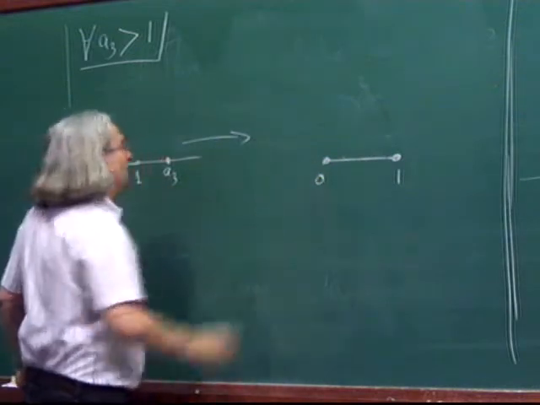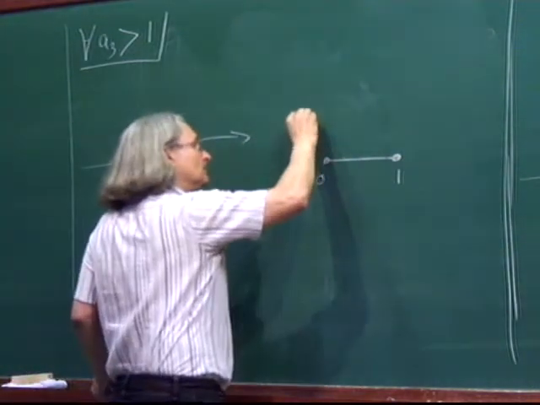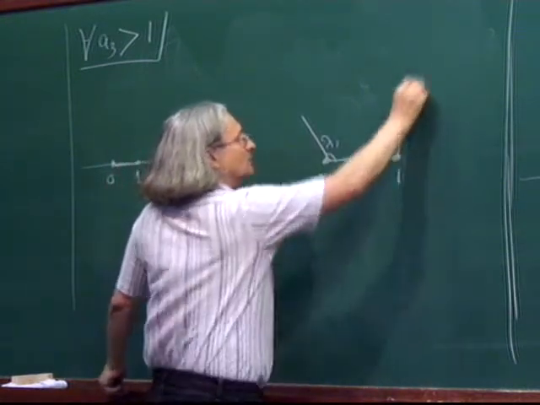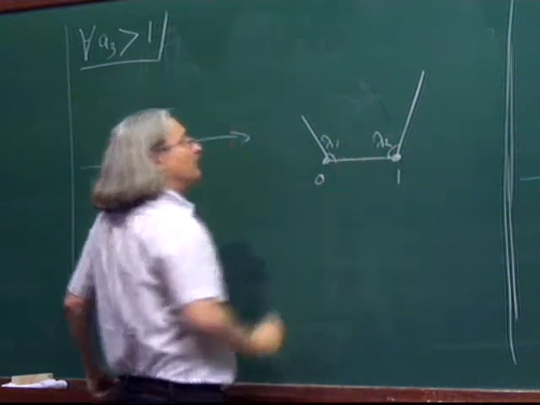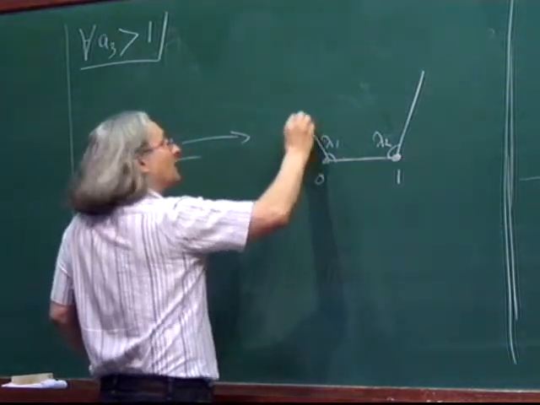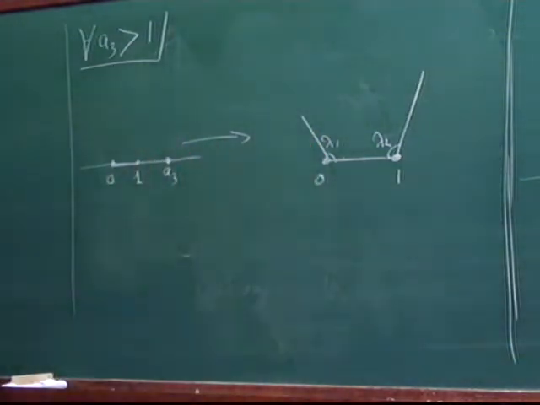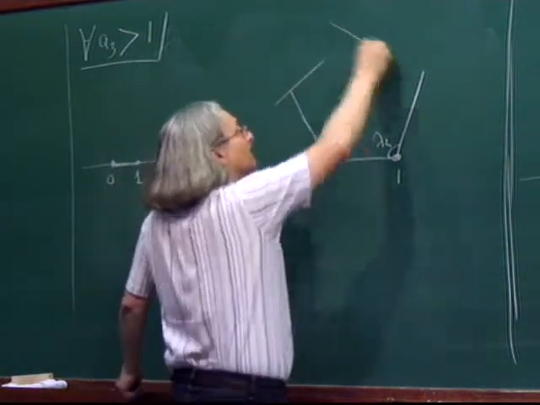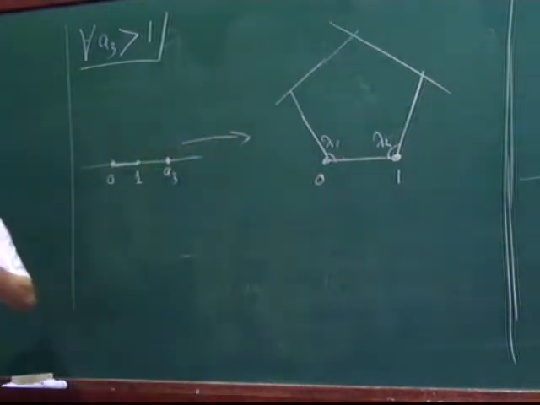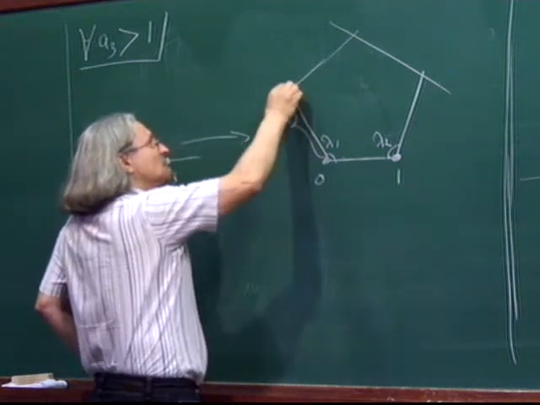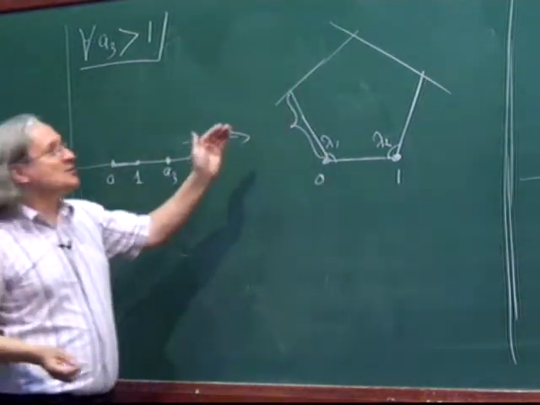This is going here. Now you know the angle. This is lambda 1. You know the angle. This is lambda 2. And then you have to complete the quadrilateral. What's the degree of freedom? Well, if you know the angles of a quadrilateral, you have only one degree of freedom, because you just have to choose this length. You can choose this length the way you want, and then you complete.